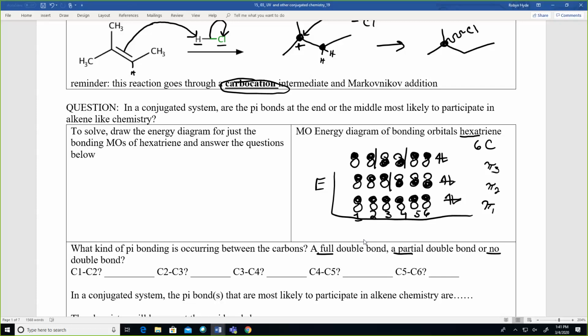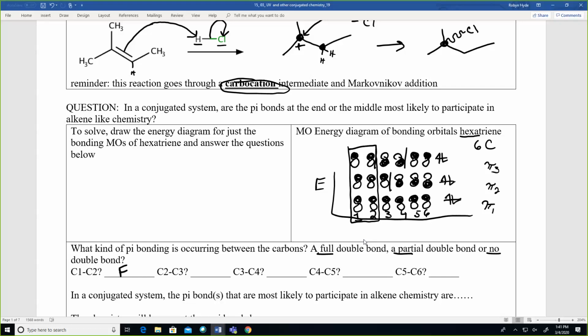Look through all of the 3 pictures of the bonding between carbon 1 and carbon 2. So there's our 3 pictures. What kind of bonding do they show between carbon 1 and carbon 2? Full, partial, none. Full. Yeah, all 3 pictures show good orbital overlap, good constructive orbital overlap. So we would rate that as a full double bond. It has full double bond character.